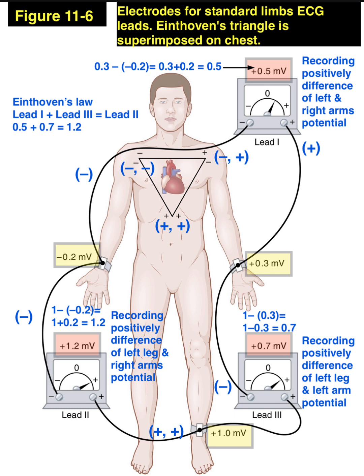The left lower meter is recording positively the difference of potential, that is 1.2 millivolt between left leg and right arm. Einthoven law is mentioned on this diagram, and it states that potential of lead 1 and lead 3 together is equal to potential of lead 2.